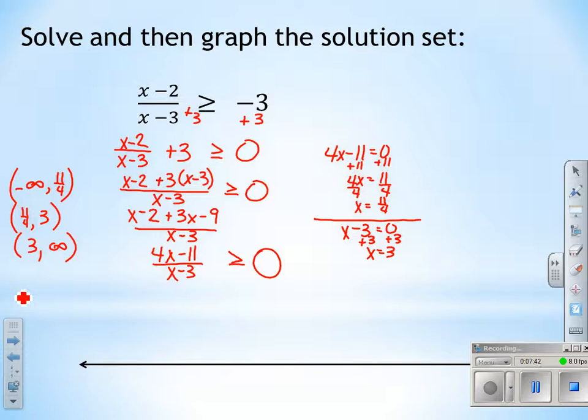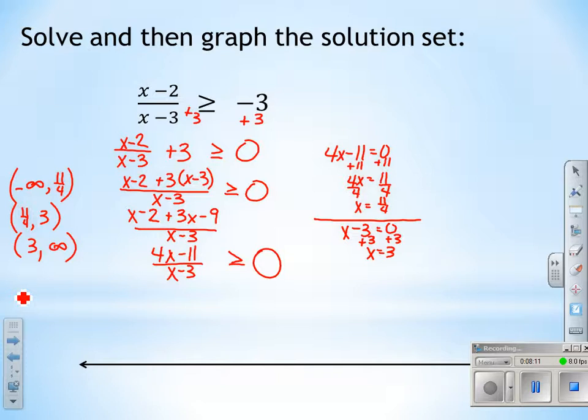Now, as you do that, you'll find that our solutions end up testing positive in the first one and the second one. Okay, so from negative infinity to 11/4, and then also from 3 to positive infinity.